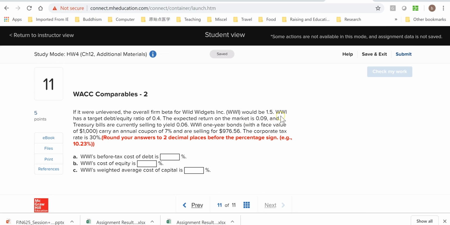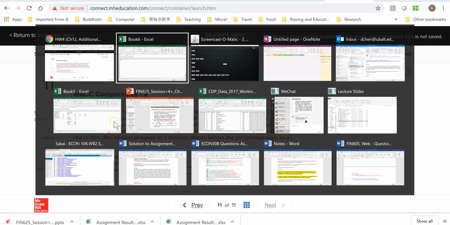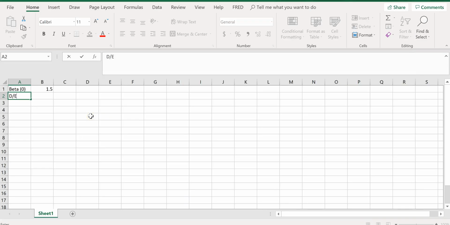And WWI, Wired Widgets Incorporation, that's short for that, has a target debt equity ratio of 0.4. So D over E, the target is 0.4.